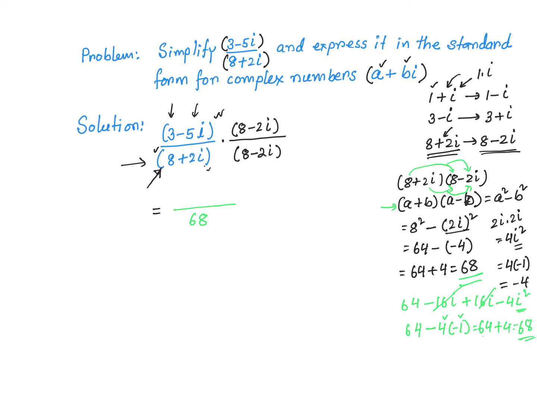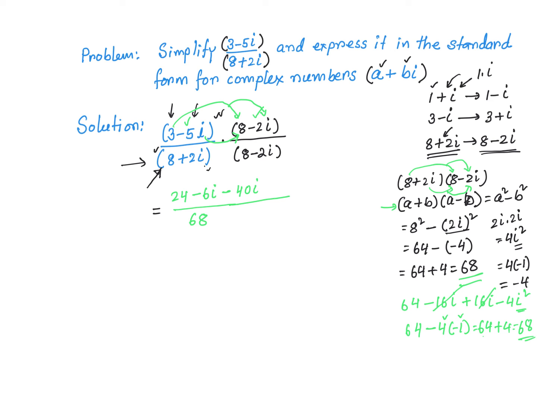And the numerator is 3 minus 5i times 8 minus 2i. I would recommend doing FOIL. So 3 times 8 is 24. Then 3 times negative 2i is negative 6i. Then the same thing for negative 5i times 8 is negative 40i.